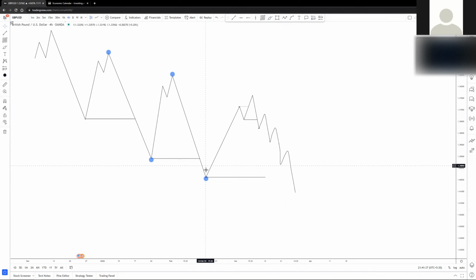Only after you get a break below this low can you confirm that this is the high of the trading range. But how do you confirm the low? You have to get a breakout structure in the opposite direction, like this.